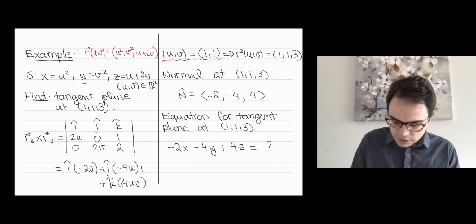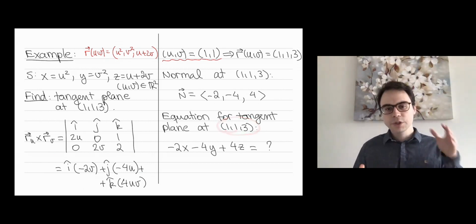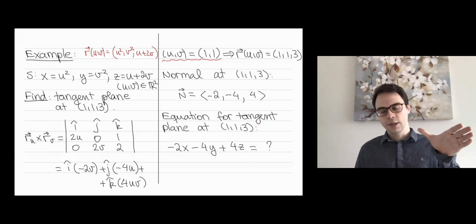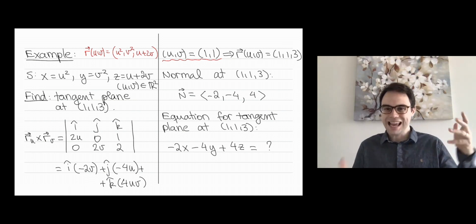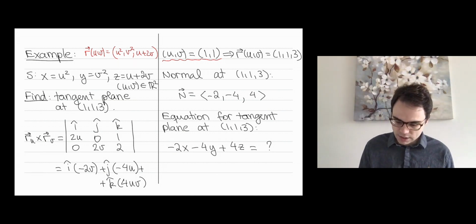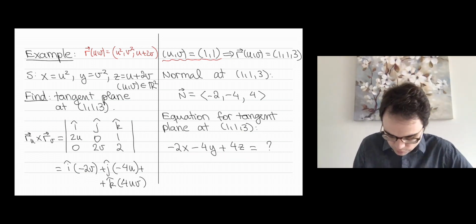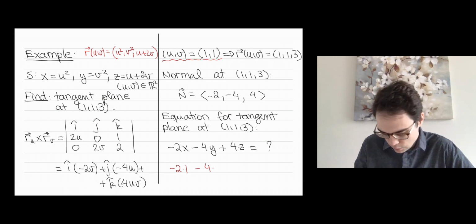Now, the point 1, 1, 3 lives on the plane that's tangent to the surface at that point, so I want this equation to be true there. When x is 1, I have -2 times 1, minus 4 times 1 for y, plus 4 times z, which is 3 at this point.